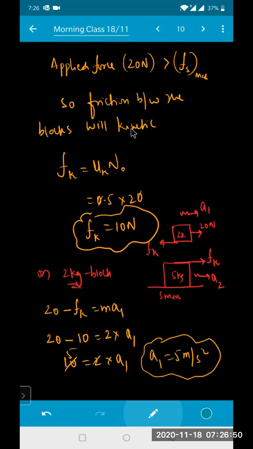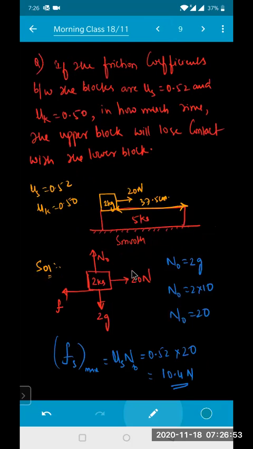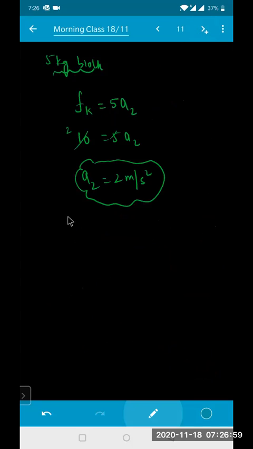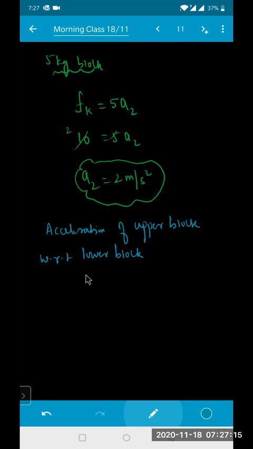So now we are having two accelerations. That means there will be relative acceleration. Both are in the forward direction, a1 and a2. So if I'm talking about the acceleration of the upper block with respect to the lower block, acceleration of 1 with respect to 2 is equal to acceleration of 1 minus acceleration of 2.